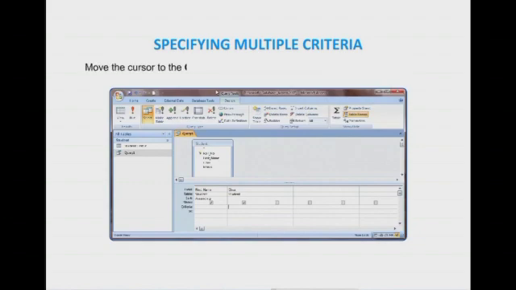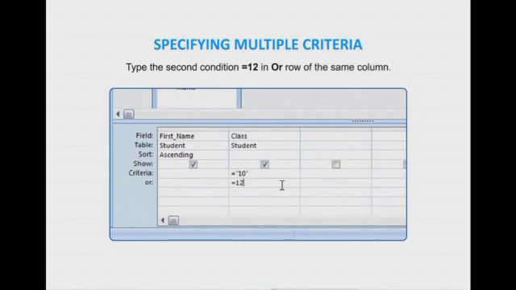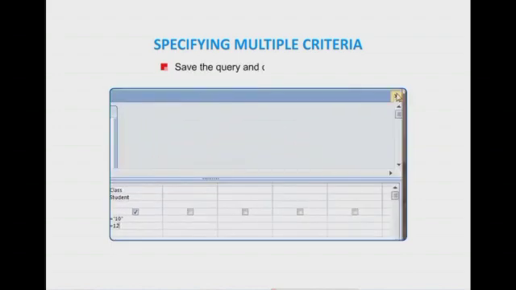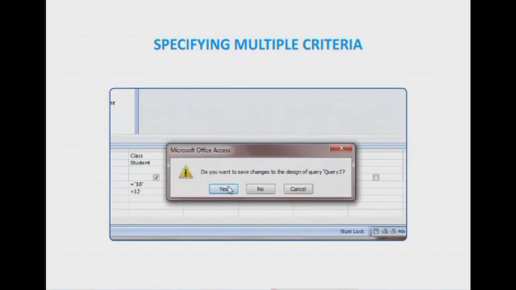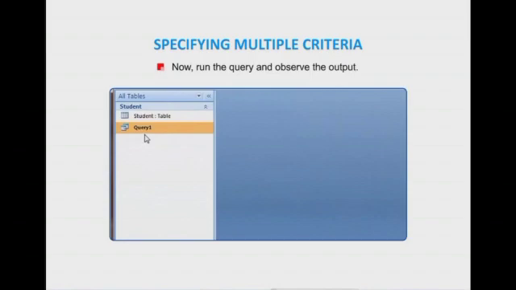Move the cursor to the criteria row and type the condition equal to 10 in the class column. Type the second condition equal to 12 in the Or row in the same column. Save the query and click on the Close button. Now run the query and observe the output.